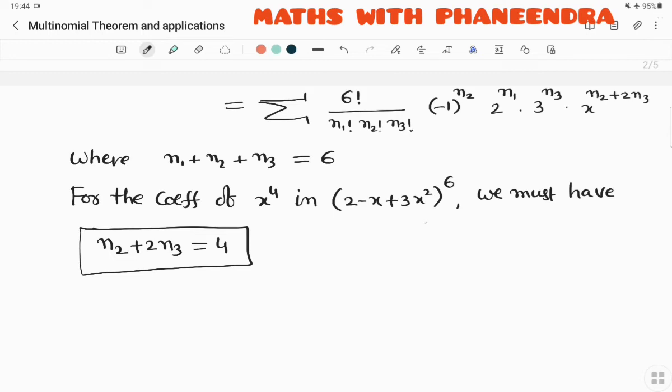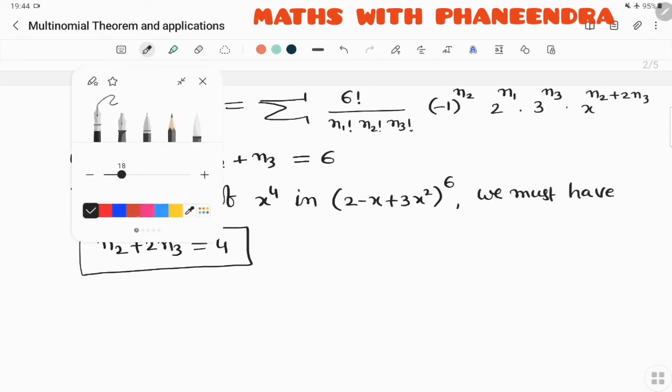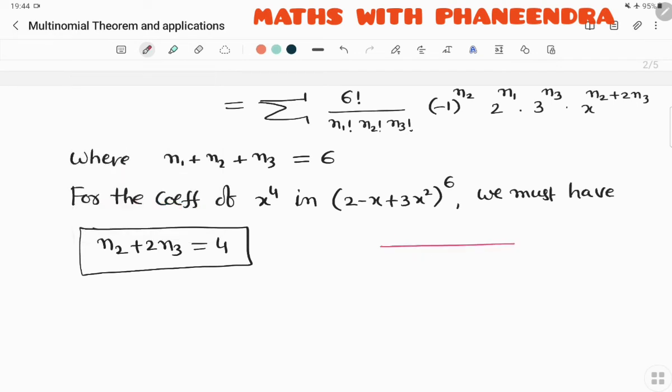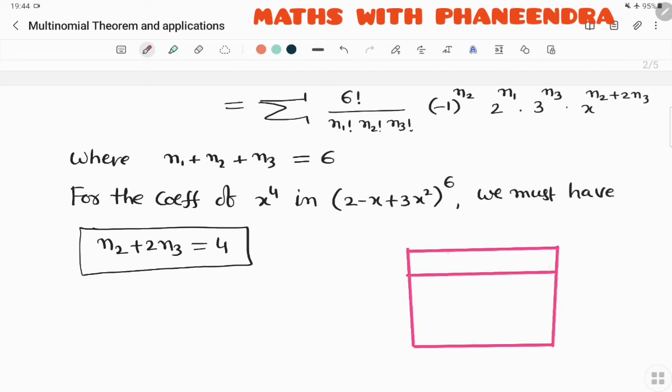So we need to take a small rough figure. That means the combinations, different combinations I am saying here. See how n1, n2, n3 will come.